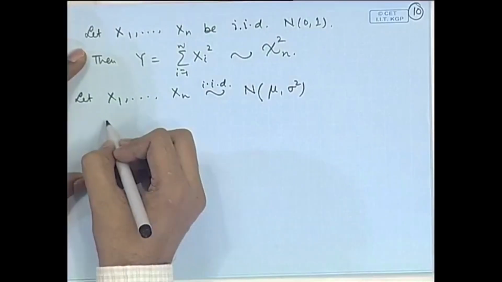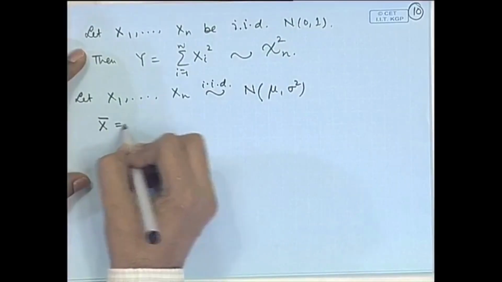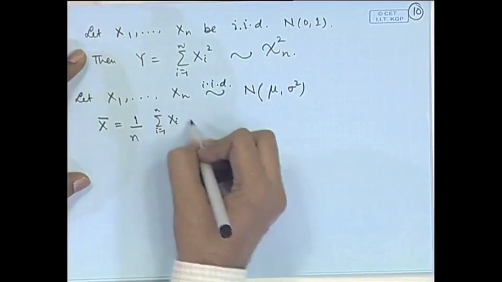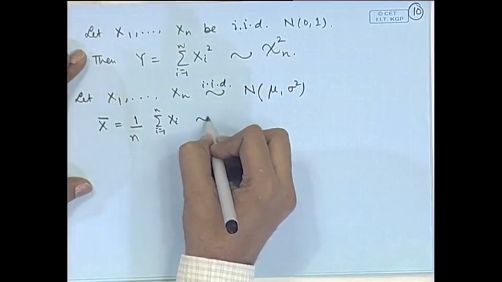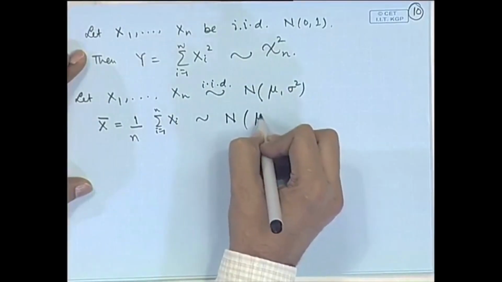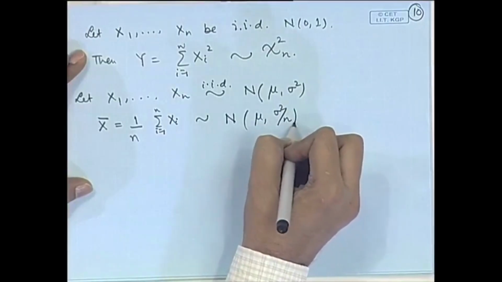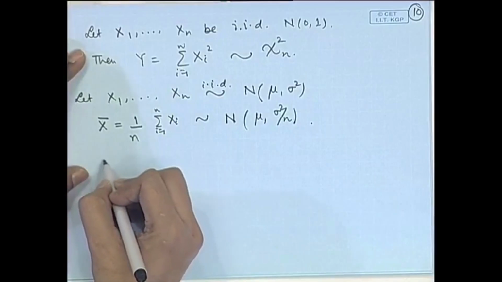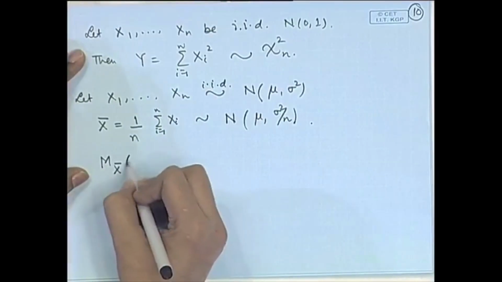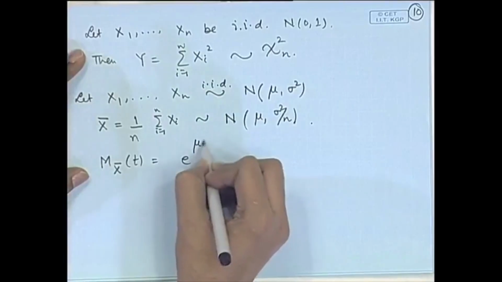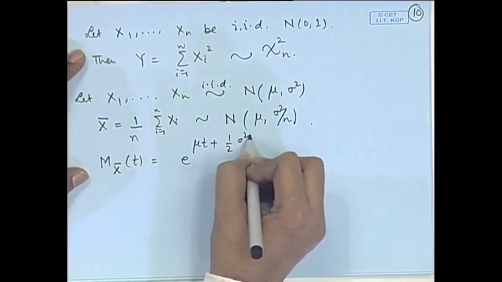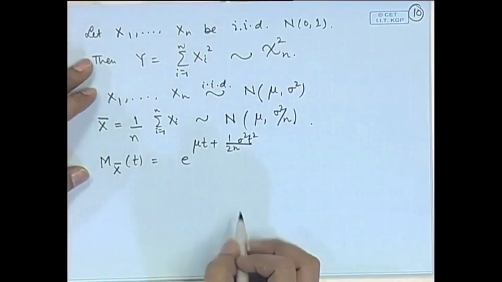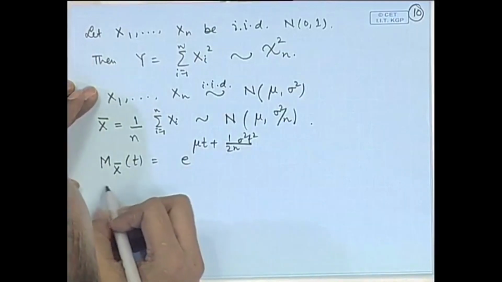So, if we define x bar as the mean, then by the linearity property this will follow normal mu, sigma square by n. Therefore, the moment generating function of x bar will be e to the power mu t plus half sigma square t square by n. So, we prove the following result.